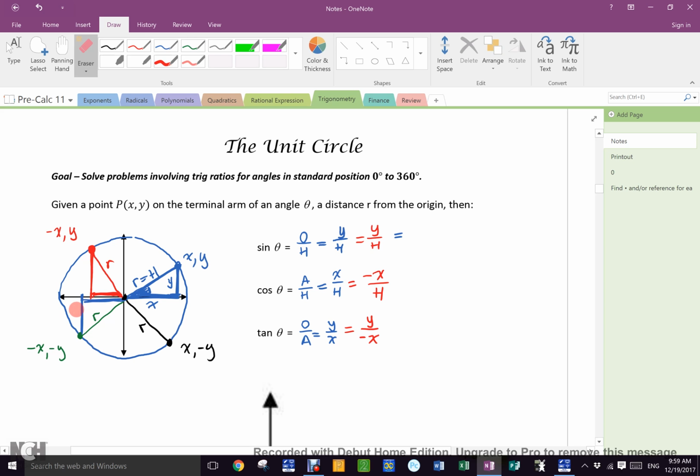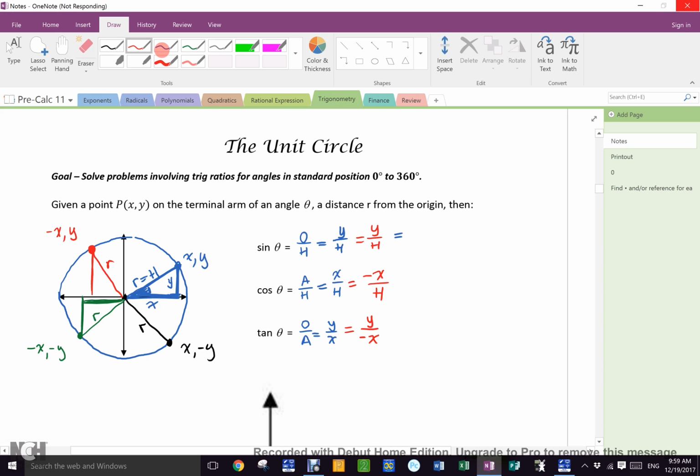What is green sine? Oh, that should have been green. What is green sine?